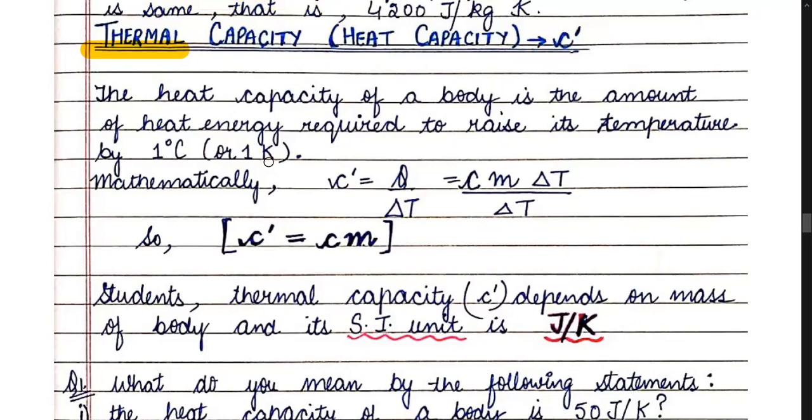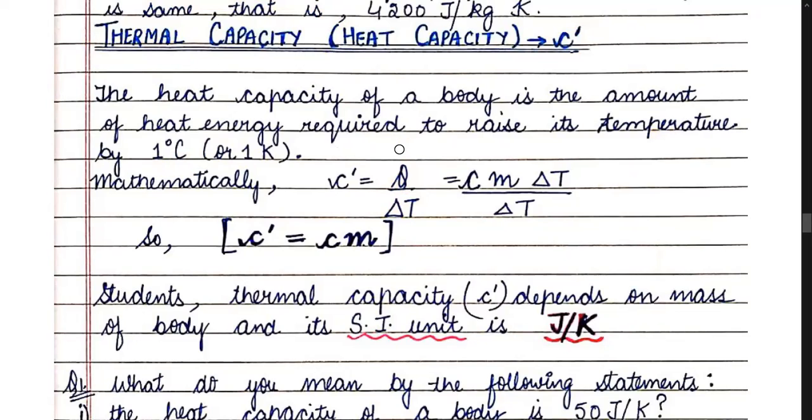So if the temperature is rising by 1 degree Celsius, it means that the temperature is rising by 1 Kelvin. So according to the definition, C dash is the amount of heat, that is capital Q, required to raise its temperature by 1 degree Celsius.